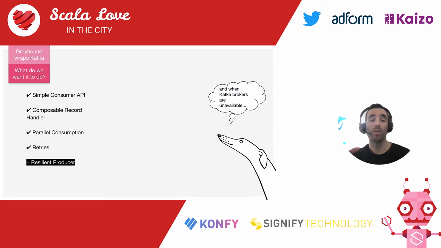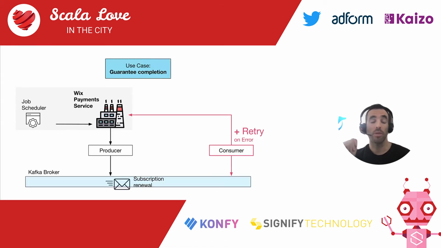Great. So we talked about fault tolerance for the consumer side, but what if errors happen on the producer side? For instance, when for some reason a Kafka broker becomes unavailable, and that can happen even if you have a high availability cluster. So let's think about examples where we can afford having multiple retries for producing. Something like offline jobs where the user is not waiting for an immediate result on the browser.